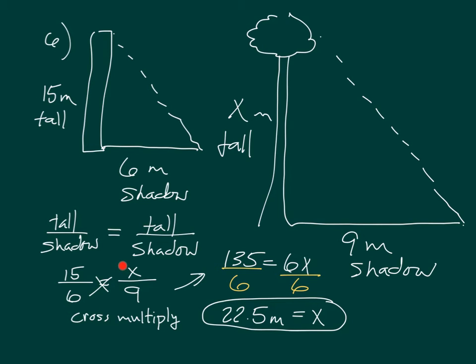X is what we're looking for, how tall the tree is, over 9, the shadow of the tree. Cross multiply, get your equation and solve, you get 22.5. No rate conversions here that you have to do. They're all in the same units. This goes back to something we did before break, using proportions.